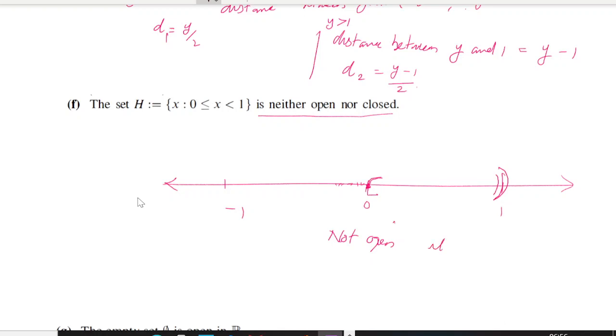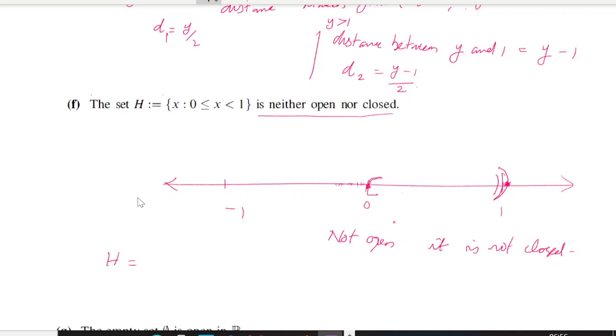Again, it is not closed. What's the reason? We can take the point 1. If you are taking the point 1, any neighborhood of this point 1 is not a point here.